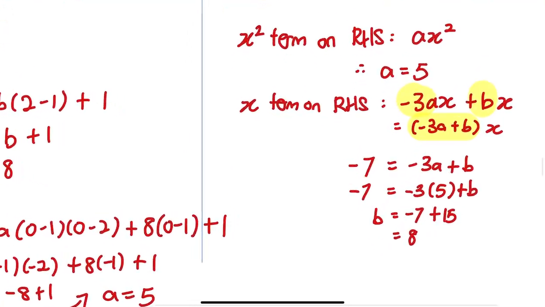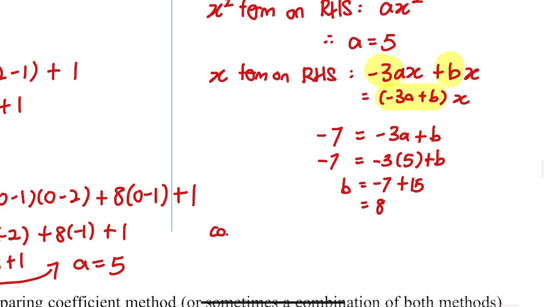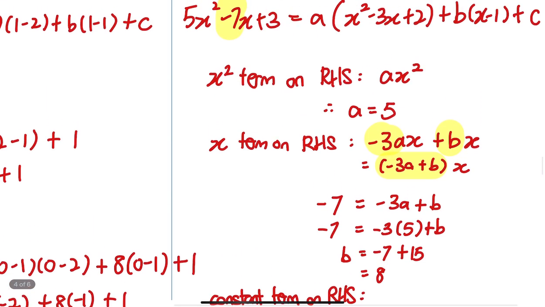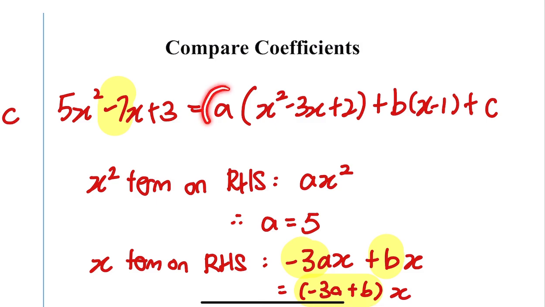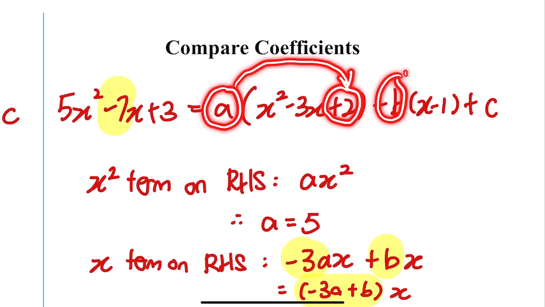And the last one, the constant term on the right side. I look at the right side now and find out what terms will expand to give me a constant term. I'll notice it will be a times 2, this will give me a constant, plus b times negative 1, plus c.